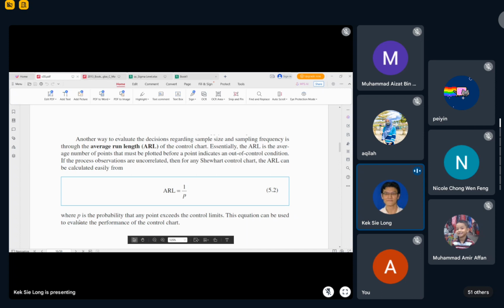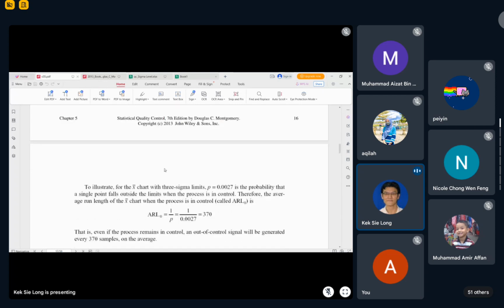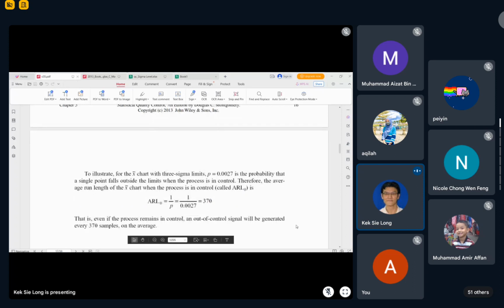We already understood that for the 3 sigma level, P, the probability that any point exceeds the control limit, is 0.0027, isn't it? Then we can do the calculation like this.